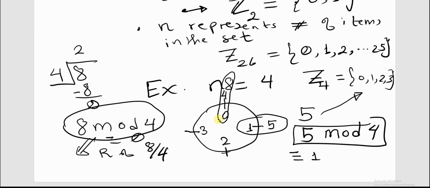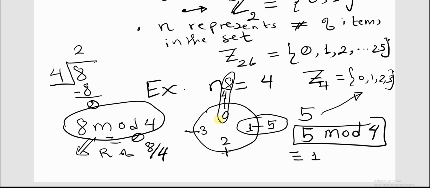Then we said that the modular is basically the remainder of the division. So 8 mod 4: when we divide 8 by 4, the result is 2, and the remainder is 0. So another way to look at it is that the modular represents the remainder.